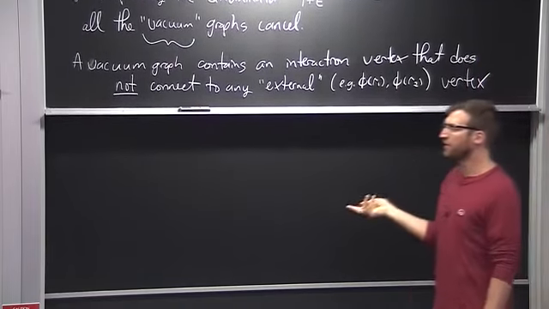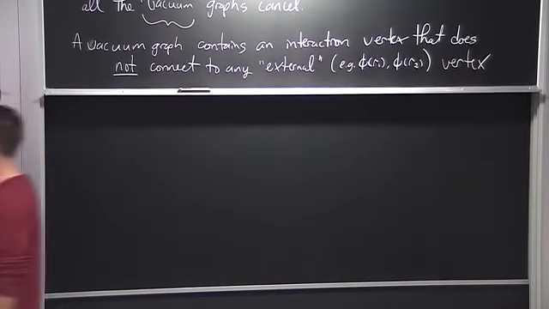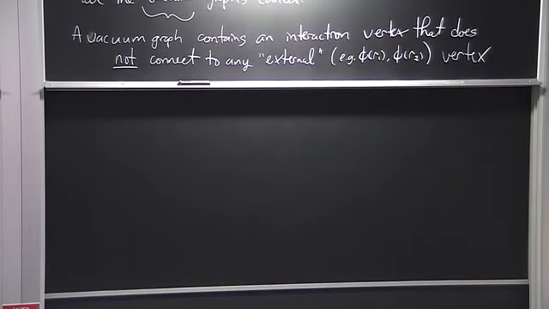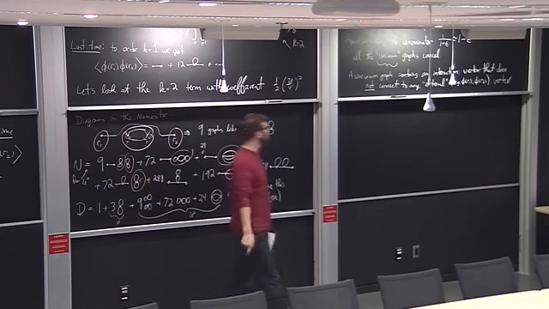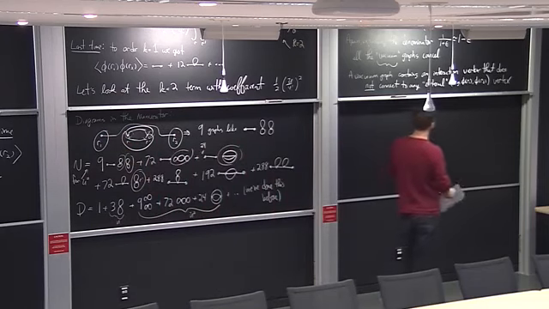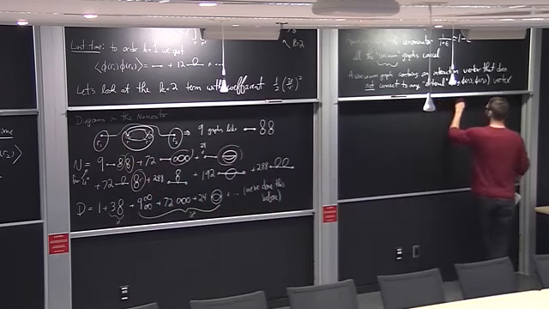Okay, so if you're not connecting to these points here, if one of your vertices that comes from the interaction doesn't connect to those points, then that's a vacuum graph.